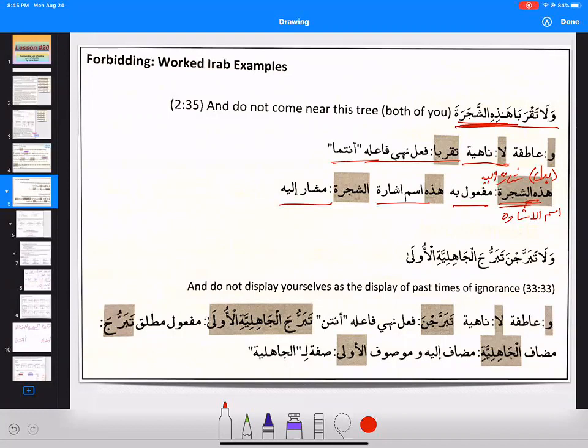Wala tabarrajna. So this is like tazhabna. This, so that means this is our antunna, right? So wala tabarrajna, you all ladies do not display your beauty tabarrujal jahiliyatil ula, like in the past times of ignorance.